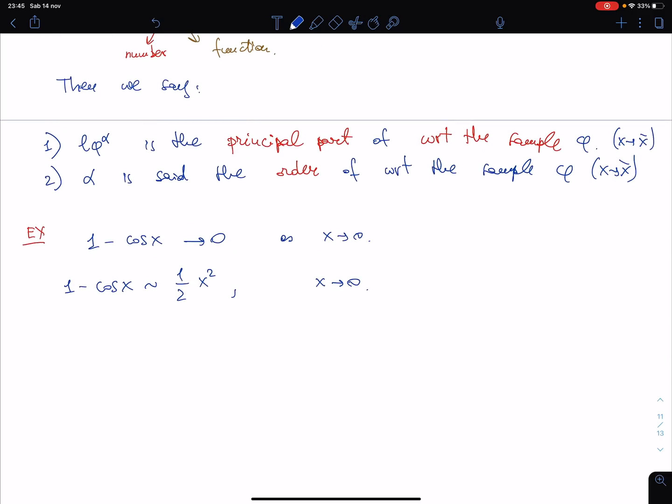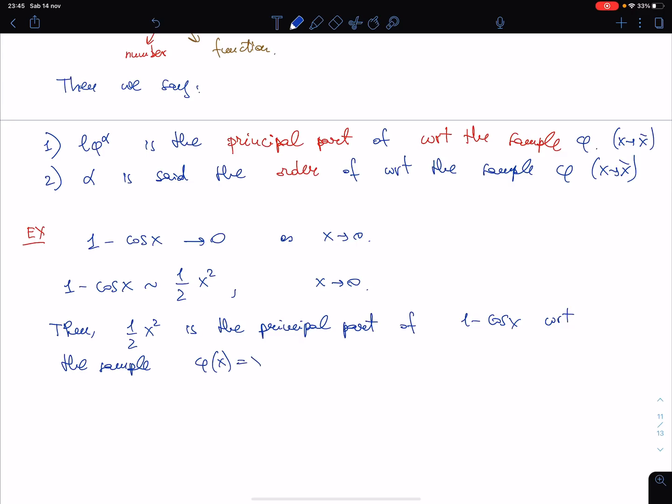So we say, according to the previous definition, that 1/2 x squared is the principal part of 1 minus cosine of x with respect to the infinitesimal sample phi of x is equal to x as x going to 0.